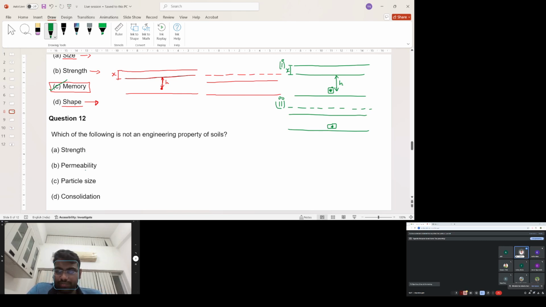Permeability is an engineering property. Particle size index is an index property, which we use to classify soils.